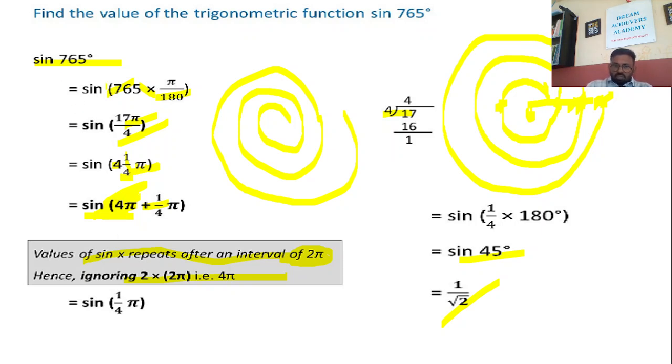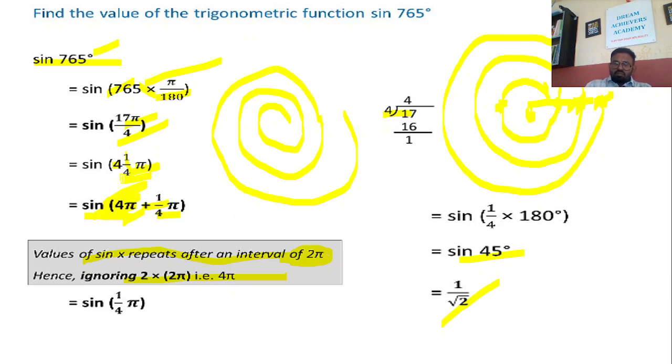That's all, it is very easy. Convert the given degree to radians, check whether it can be written as a mixed fraction. If it is possible, write it as a mixed fraction and write the pi values separately for both numbers, 4 pi plus 1 by 4 pi. Then when the circle is repeating, x repeats.